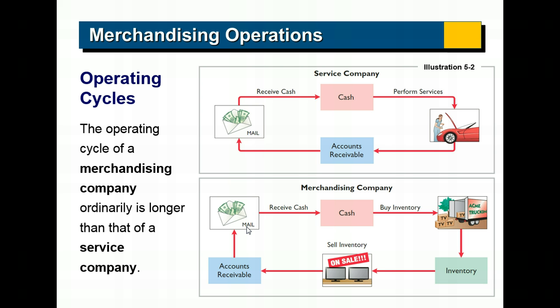You receive the inventory, then you put that inventory out on your shelves to sell it. You receive the cash, and you start all over again. When we're dealing with a service industry, we get cash, we perform services, we get the money, we do it over again. So there's an extra step in merchandising which makes it a little longer cycle.